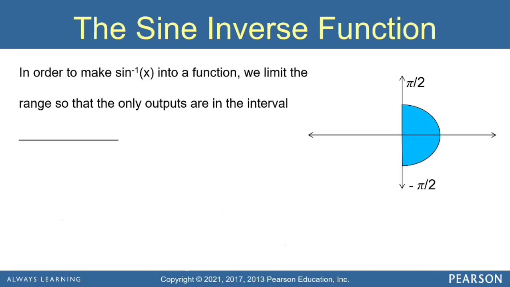If we limit the angles that sine inverse can give us as outputs to just quadrant 1 and quadrant 4, then that will do the trick, because any negative sine value that we plug into the sine inverse function would only give us one quadrant 4 angle, and any positive sine value that we plug into the inverse sine function would only give us one quadrant 1 angle.